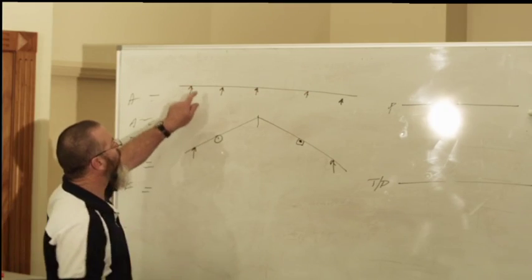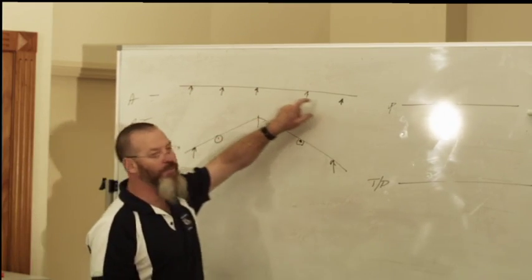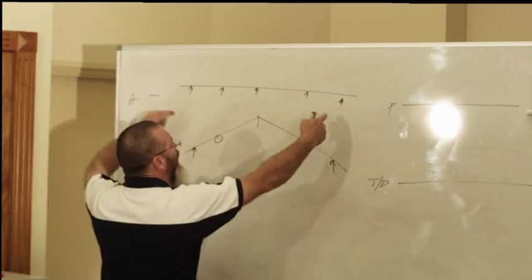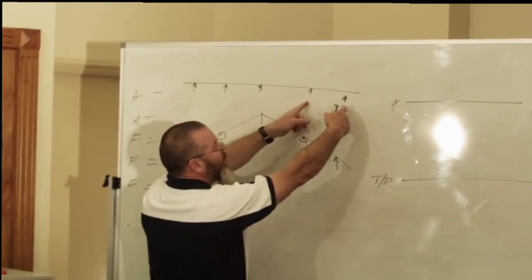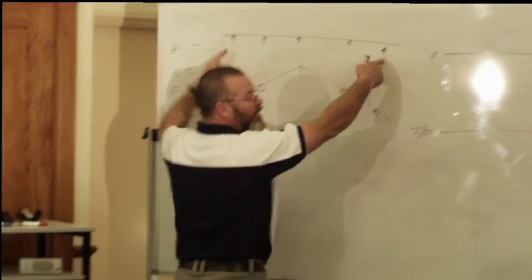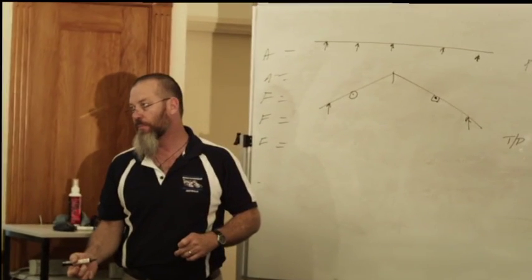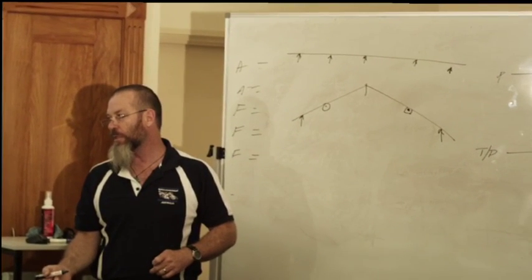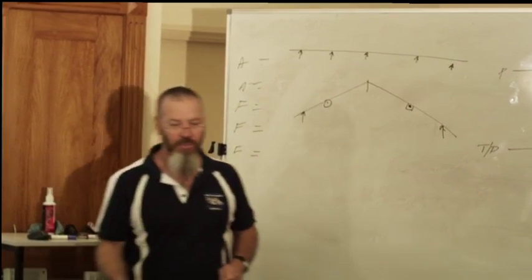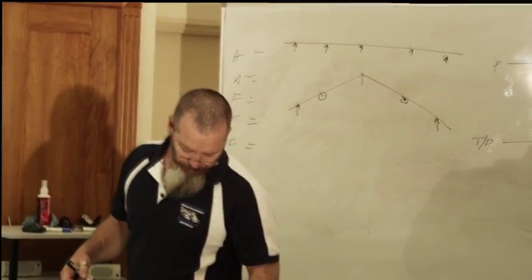You've actually got 4 spaces, 1, 2, 3, 4. So once I work out what this distance is here, to work out what this distance is here, I take that and divide it by 4. Okay, do you understand that? Span divided by 4.